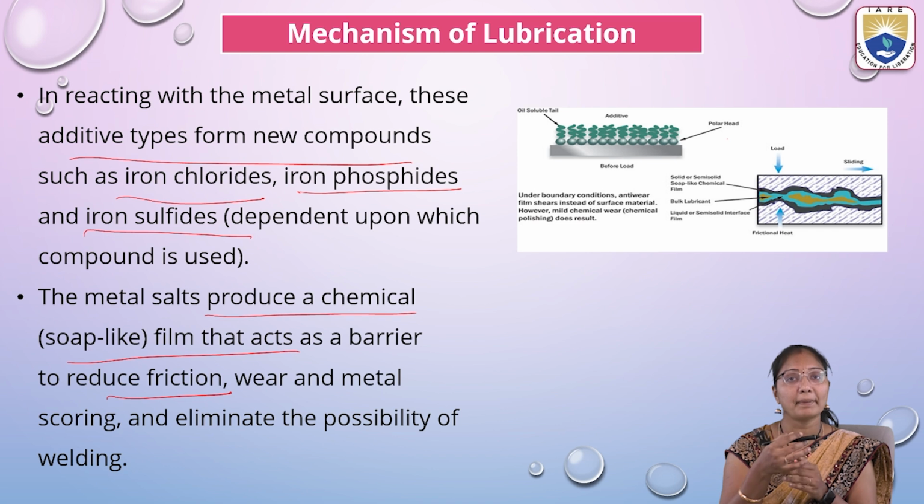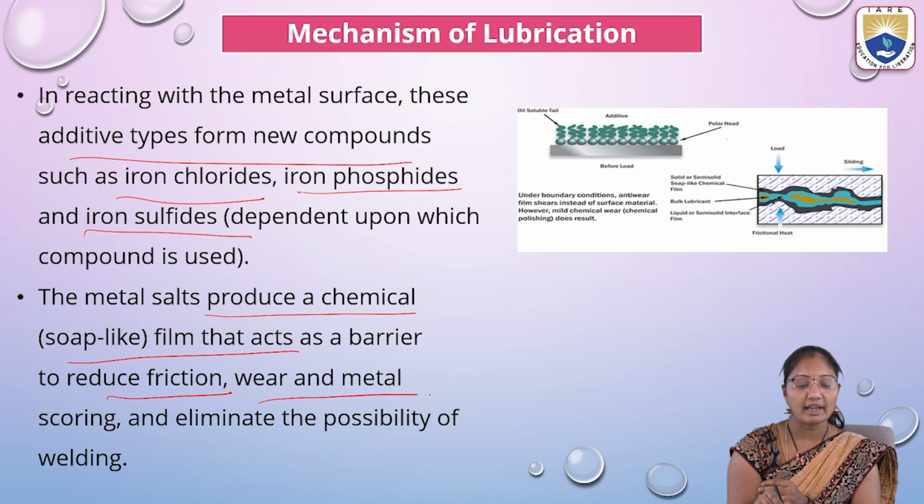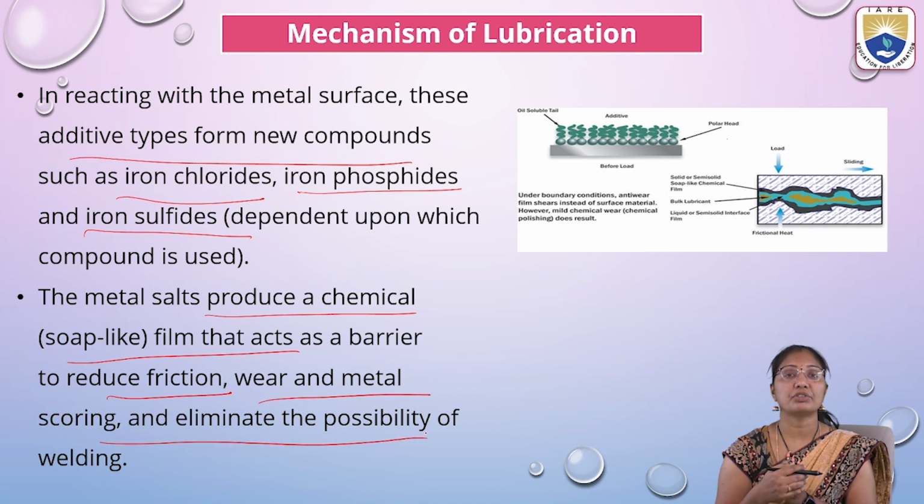Barrier means it is separating the two surfaces. It reduces the friction, the wear and metal scoring, and eliminates the possibility of welding. It also decreases the friction rate and the production of heat between the two surfaces, because it is acting as a barrier and as a lubricant in between the two surfaces.